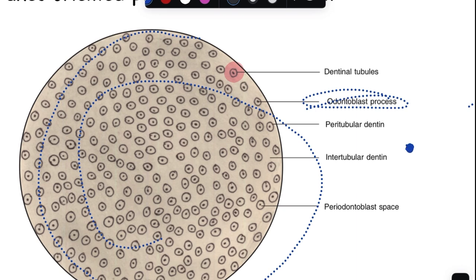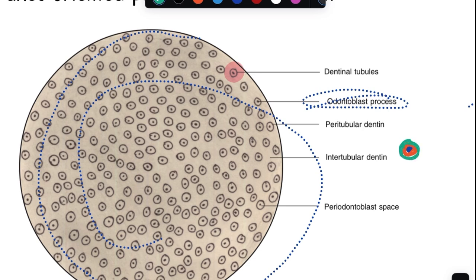Now surrounding that, in true sense you would have the periodontoblastic space, the space surrounding the odontoblastic process, and surrounding that you have your peritubular dentin.